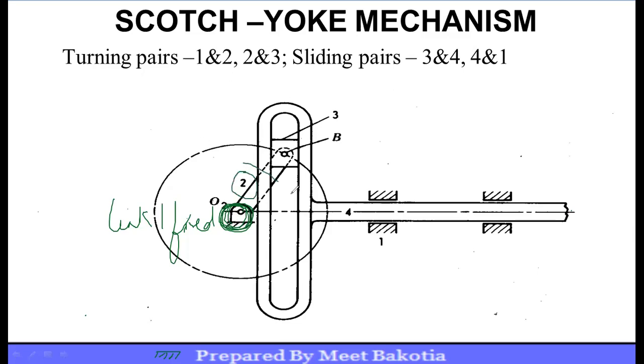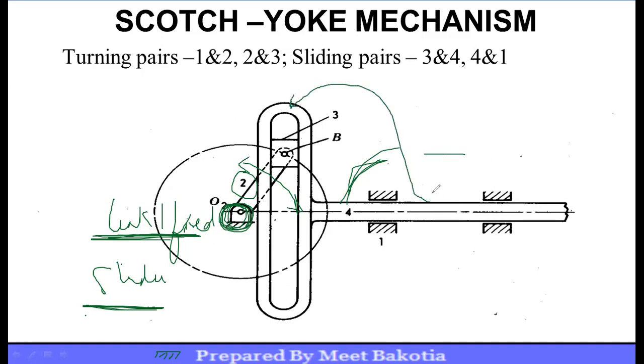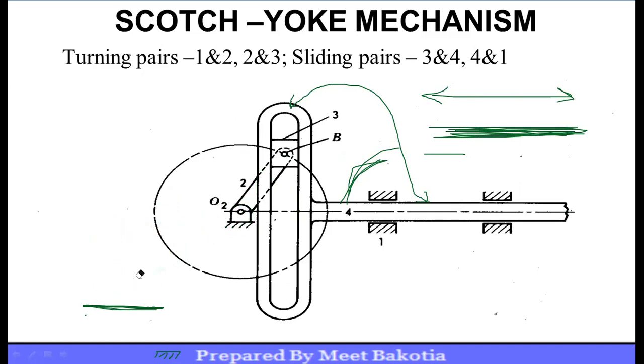Link 2, the crank: since link 1 is fixed and not the frame link, the motion that link 1 slider had, the oscillation, the fixed link will now take. The frame, this whole frame, is going to slide to and fro. So let us understand how this functions.